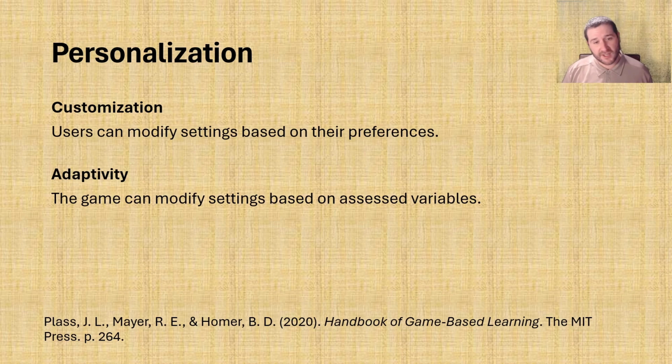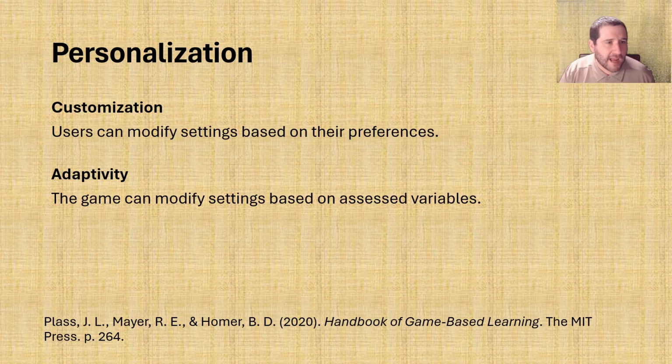And a good educational game could do this both ways. Maybe you're doing math problems in this game, and if you get the problem right, it'll give you a harder problem. Or if you get the problem wrong, maybe it gives you an easier problem. So you can see how games, if they start adapting, can really find out what our learner needs and what level they should be at.